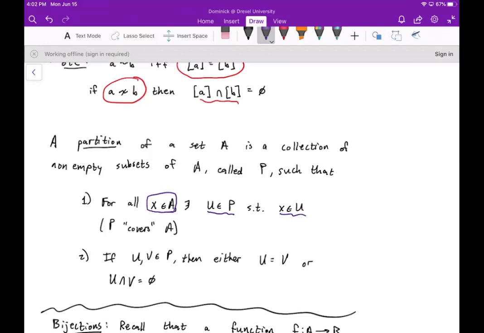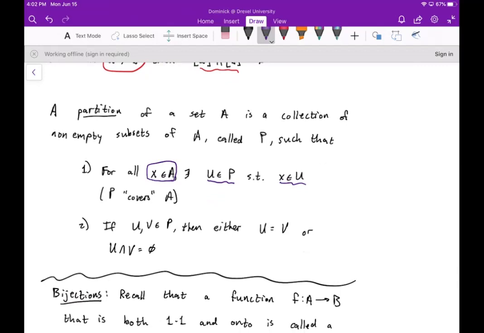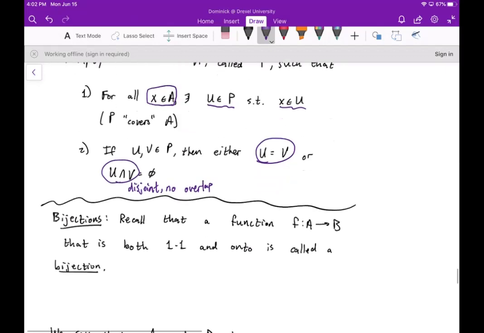So if there's an element in the set that you started with, then in your partition, you can find that element somewhere. Another condition says that if U and V are subsets in our partition, then either they're the same or their intersection is the empty set. Another way to think of that is that they're disjoint, or that there's no overlap. So those are some definitions that relate to relations.